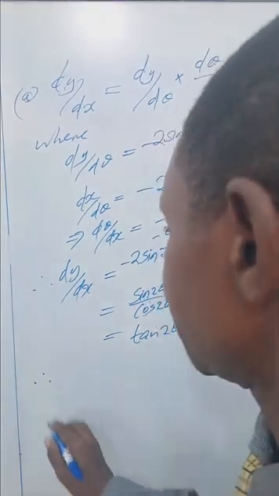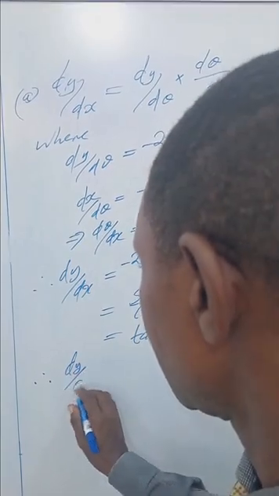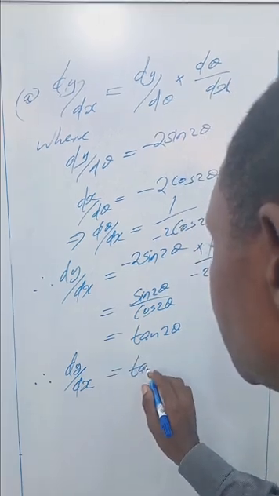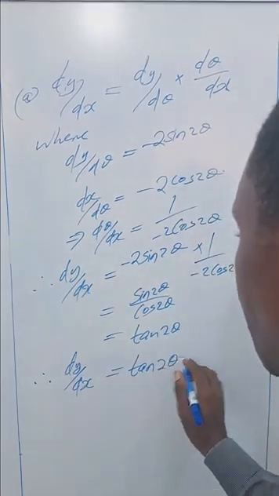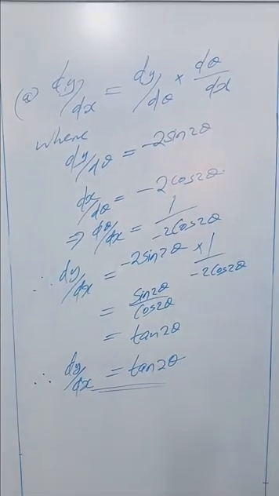So the first answer for our question, that is dy/dx, equals tan 2 theta. That's the answer for part A.